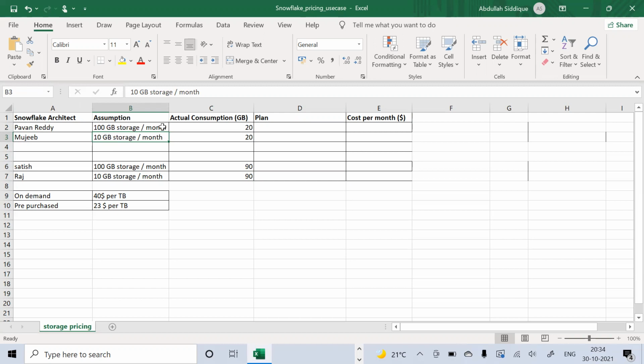After 1 or 2 months of monitoring, you find that you are only consuming 20 GB per month. Although your assumption was 100 GB and 10 GB, your actual consumption is less than what you had assumed. So my question is, what pricing model would you like to select? $40 per TB that is on demand, or $23 per TB?